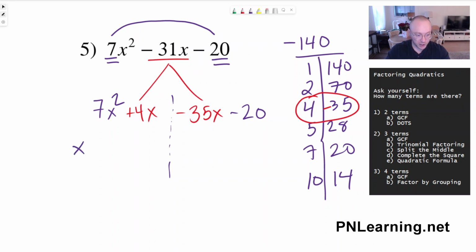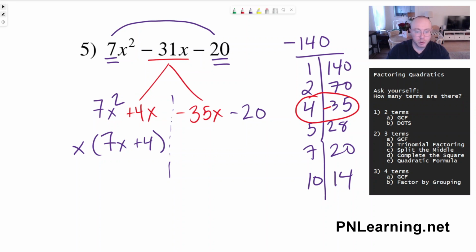So our GCF would be x, and if we divide that out, 7x squared divided by x would just be 7x. 4x divided by x would just be plus 4. You always want to double check, make sure that x times 7x gives you what you had up here, 7x squared, and that x times 4 gives you what you had up here, 4x. We're basically undoing the distributive property.